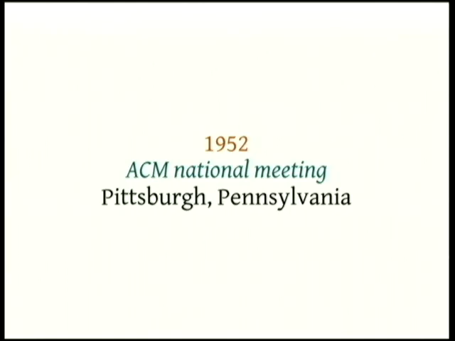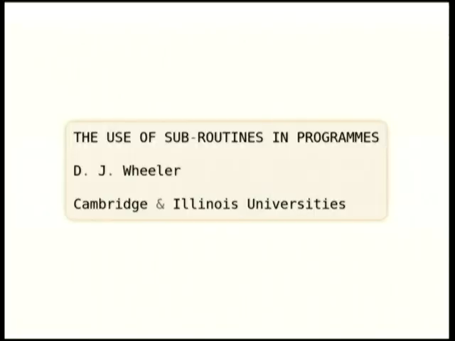It was the second meeting of the ACM, but the first for which papers were published. And I found the use of subroutines in programs by Mr. D.J. Wheeler, Dr. D.J. Wheeler of Cambridge and Illinois universities.